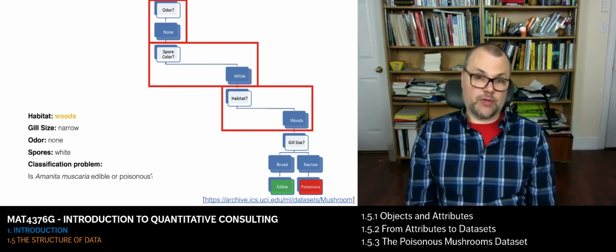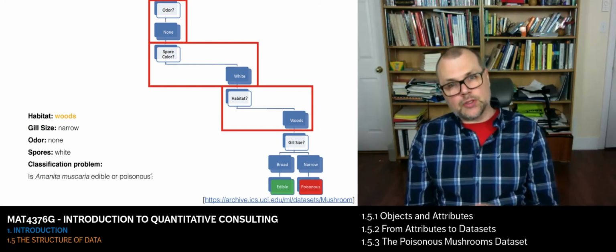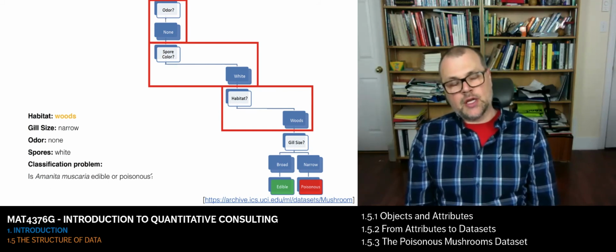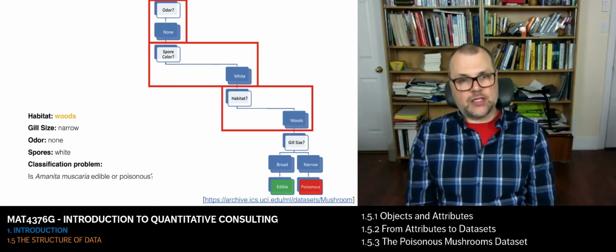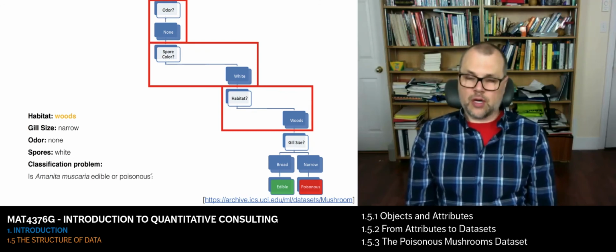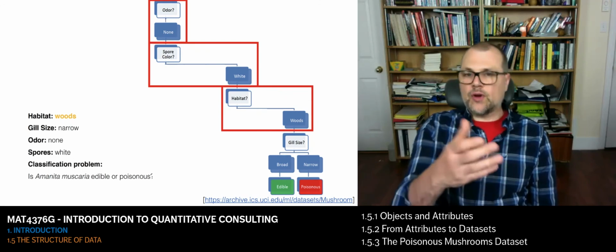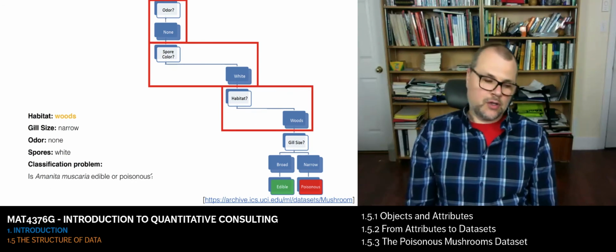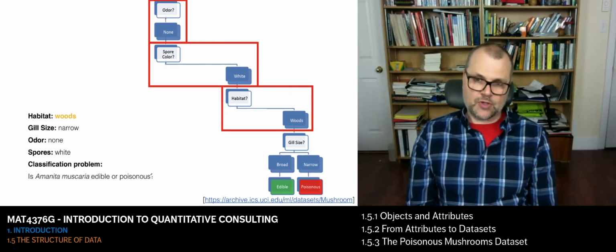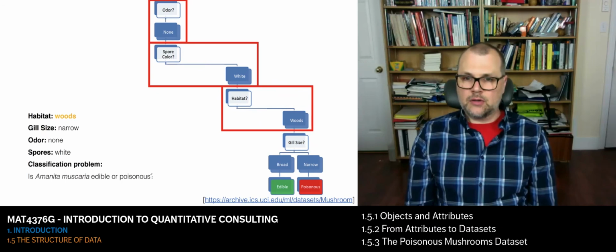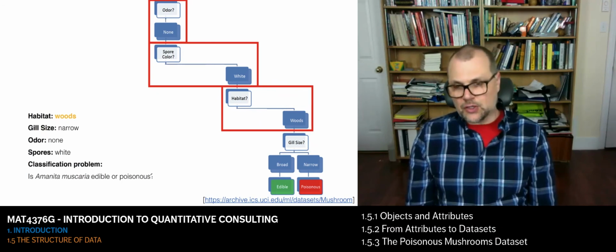The product will be killing people. This is why it's so important to have domain expertise. You need to understand what the data set is really talking about before you go and throw it into learning models. By the way, this is a decision tree that was built with the mushroom data set, and if you've taken some machine learning courses before, you've seen how to grow one of those.